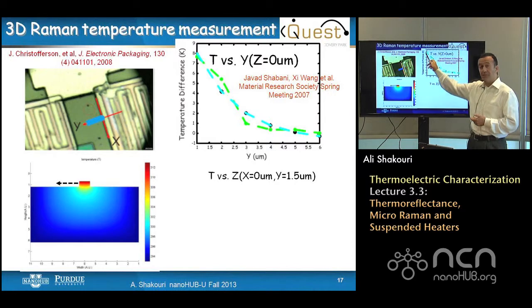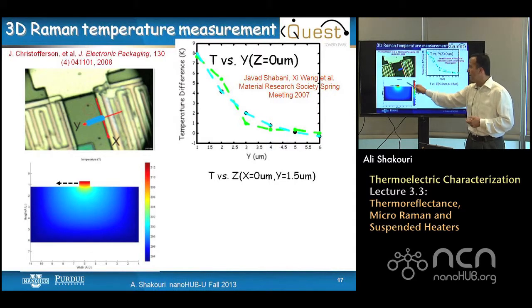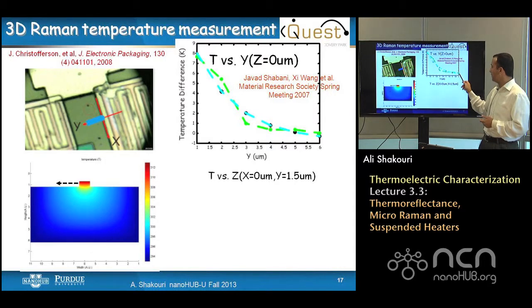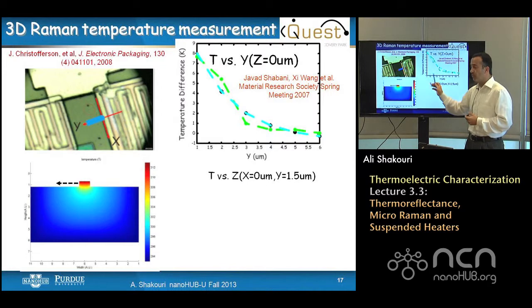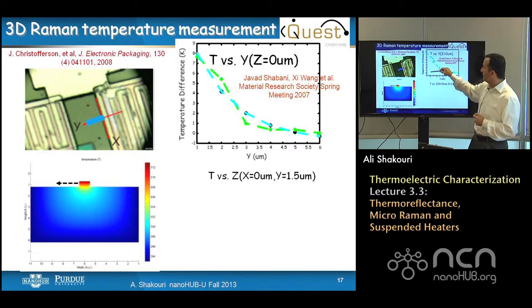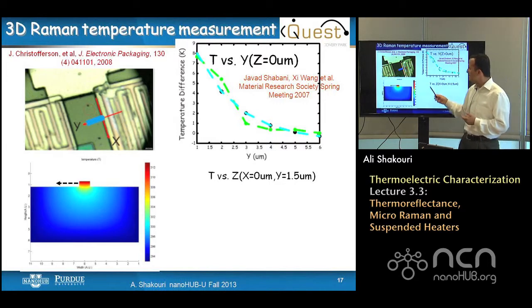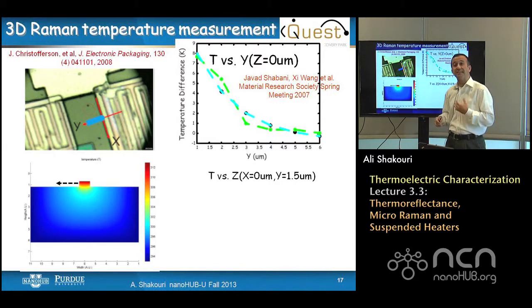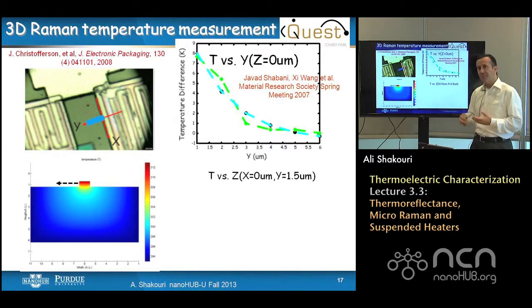Here is the measured temperature difference from 8 degrees Kelvin next to the device down to 0, just 6 micron away. And you can see the data points that you can measure temperature with micron resolution. The temperature resolution is typically on the order of 1 degree. It's noisy because this is a scattering effect that is weak, so you need to average it for a certain time, and there's other effects that could happen.